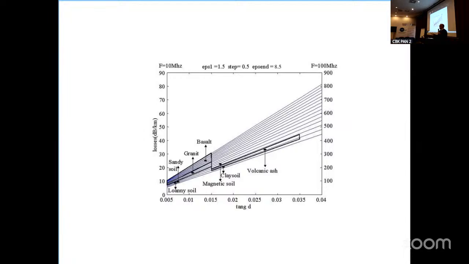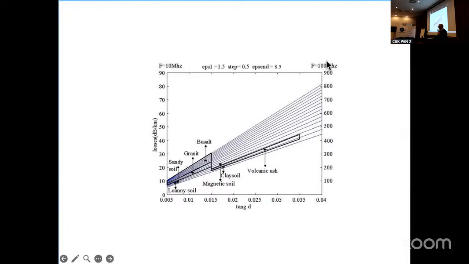We can easily have 40, 50, even 60 dB of dynamic range to go down, which means that at 10 megahertz we can observe easily, I mean it penetrates inside the medium.